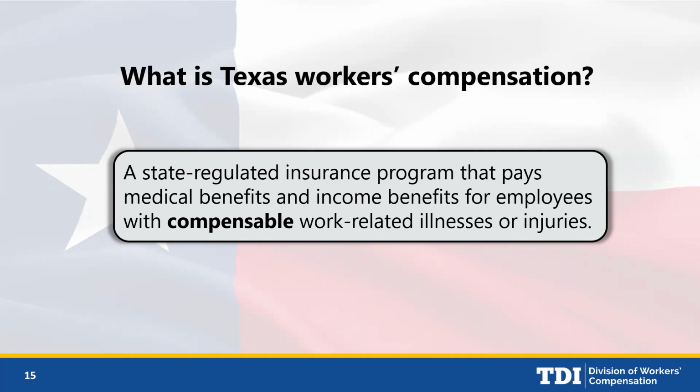And if an employer is covered and their employee gets injured on the job, this coverage is going to pay the medical benefits for that injury and some income replacement for the employees as they're hurt. And this is only for compensable work-related illnesses or injuries. Now, the illnesses and injuries can include psychological trauma, occupational diseases, not just physical injuries. As long as it's compensable, they can have coverage.